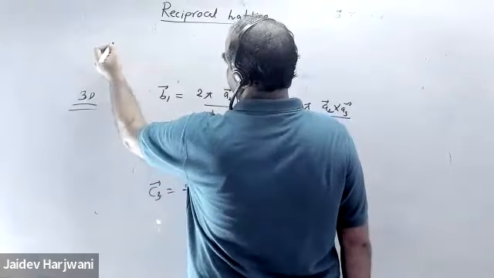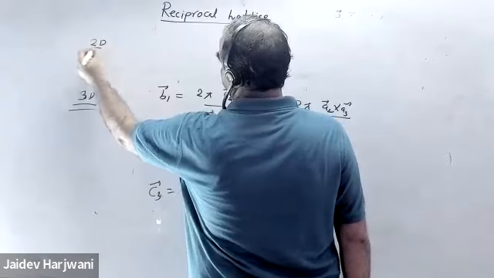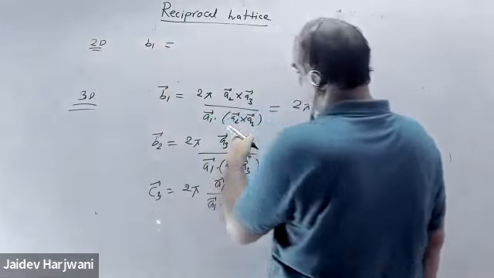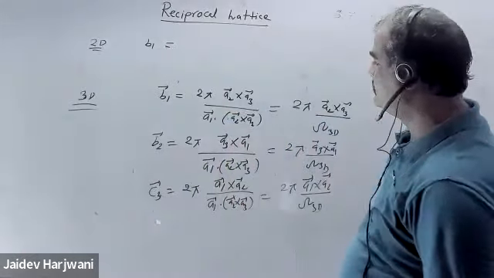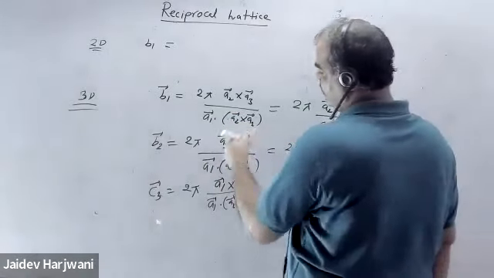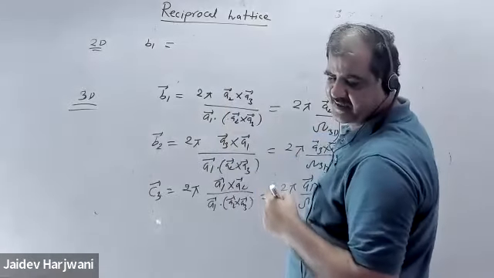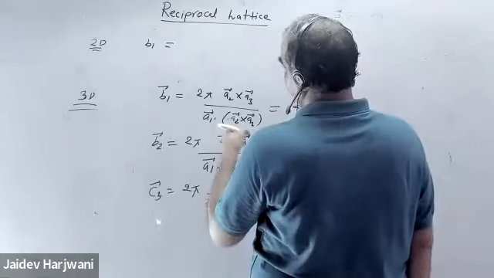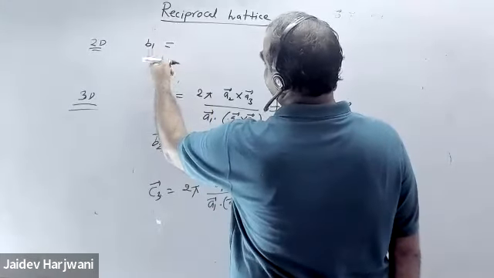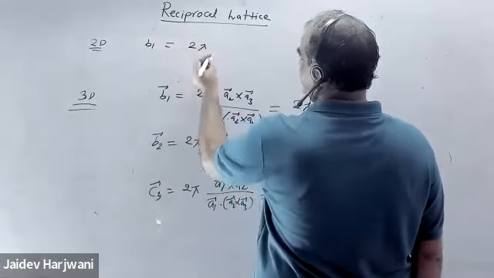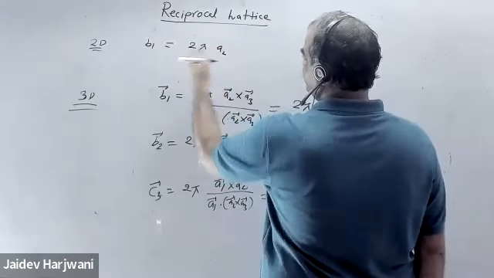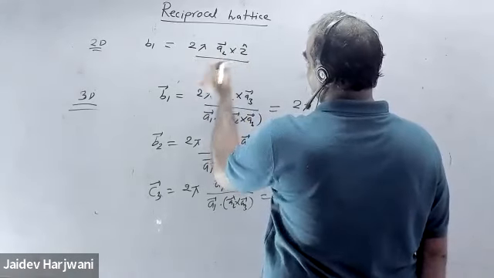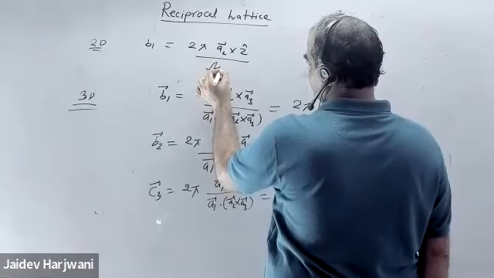Now suppose you are given the lattice in 2D. If you want to write b1, instead of volume what will come? If the general case is given, the area will come. So to write b1, I can write 2π, a2 × z-cap, divided by the area.